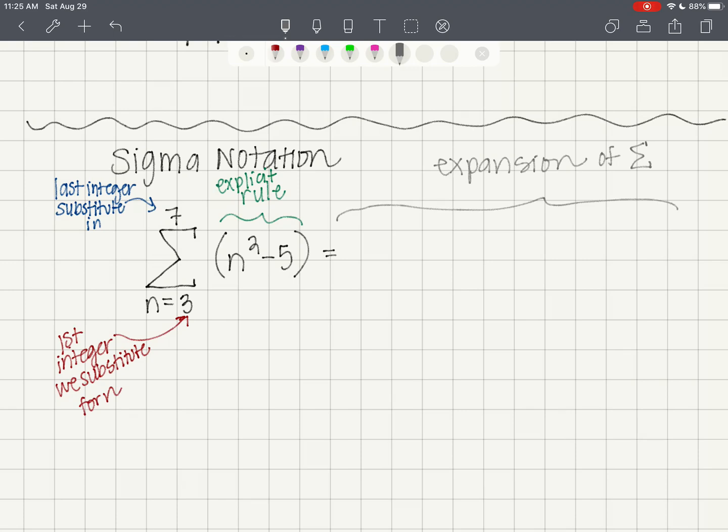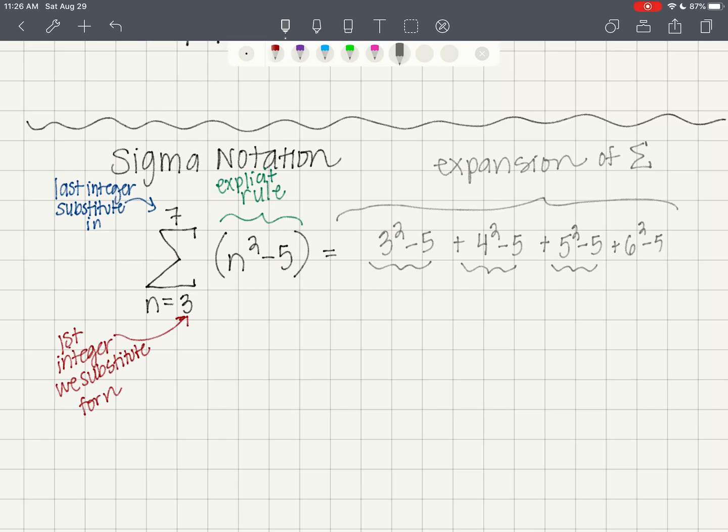I'm going to put a 3 in for n. So I'm going to have 3 squared minus 5. Plus, now I'm going to put a 4 in for n: 4 squared minus 5. That's my second term that I'm going to be adding in this sum. And then the next value I'm putting in is a 5, 5 squared minus 5.